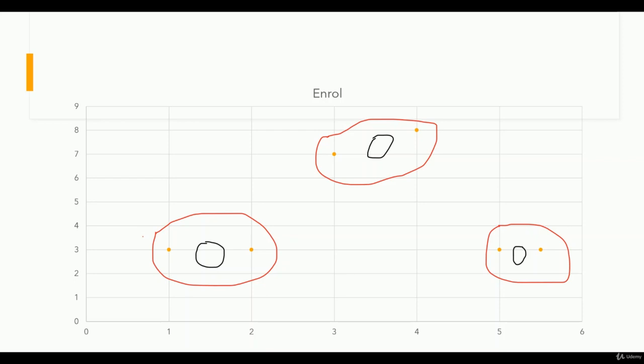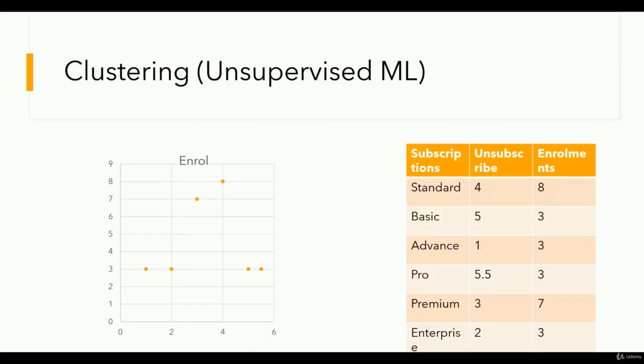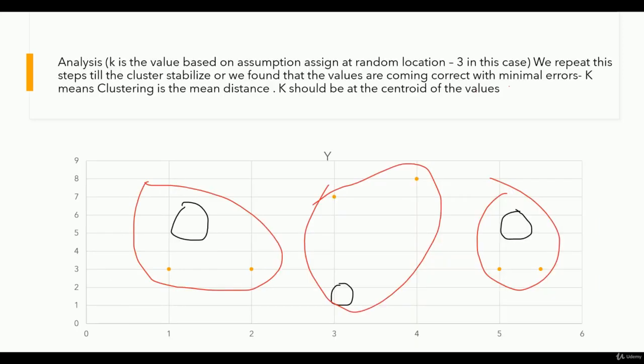So to brief what we did in the clustering model: in the graph we plotted the values. Once we plotted the values, we had similar groups, and in this case we have 3 clusters. Once we have the clusters, we pointed the 3 k values, the black dots.